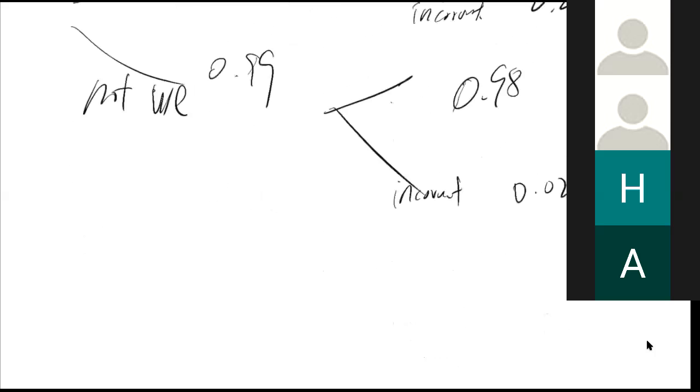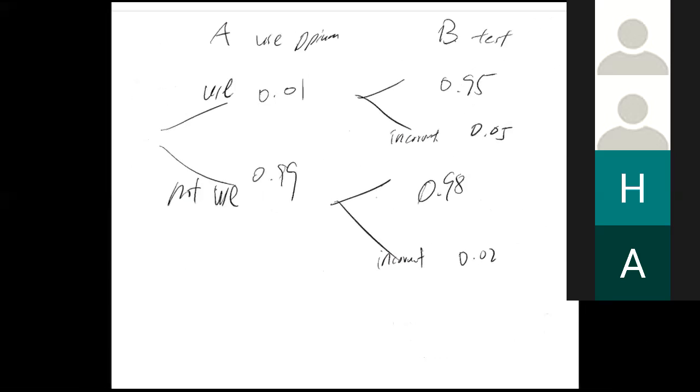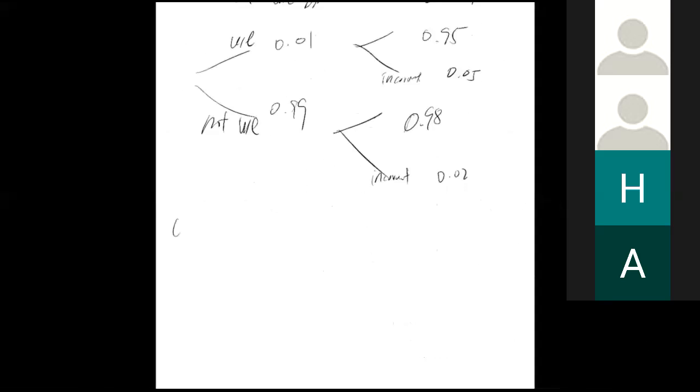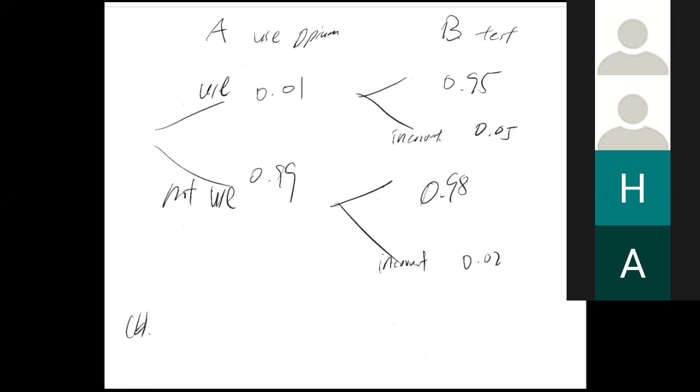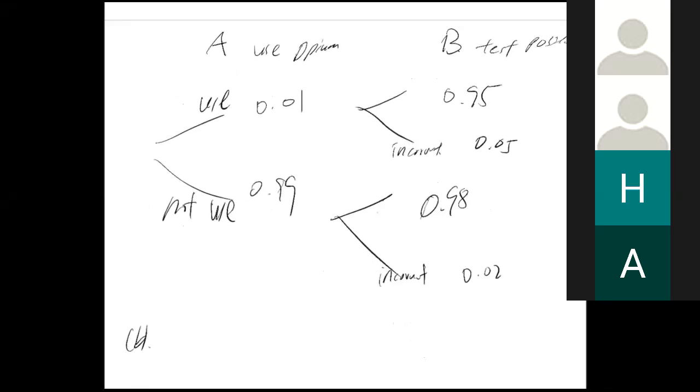So let's work on part B first. In part B, we're asked for the probability that someone who tests positive for opium actually uses opium. Again, we define A as using opium and B as testing positive.